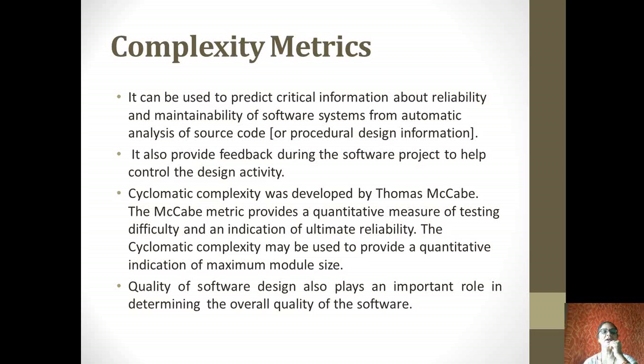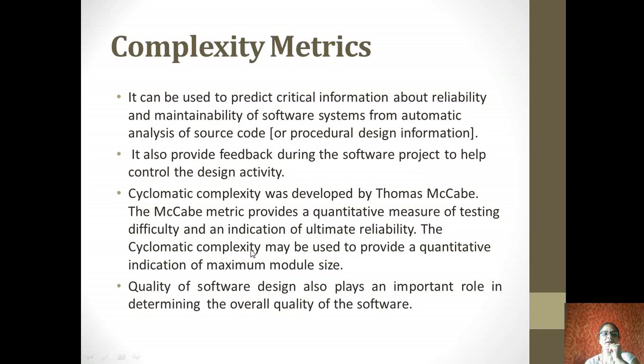There is something called cyclomatic complexity, which is one of the major complexity measures of the system, developed by Thomas McCabe. This McCabe metric provides a quantitative measure of testing difficulty and an indication of ultimate reliability. So the testing difficulty is calculated using this matrices.